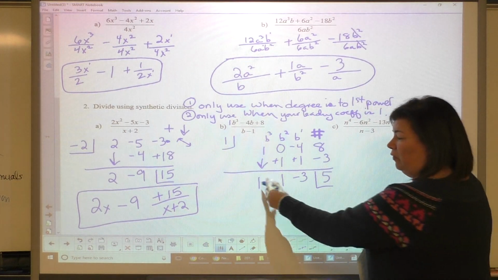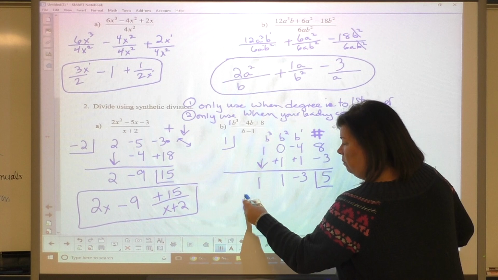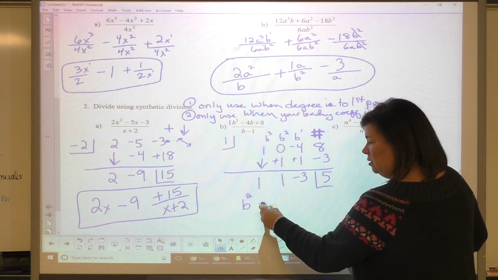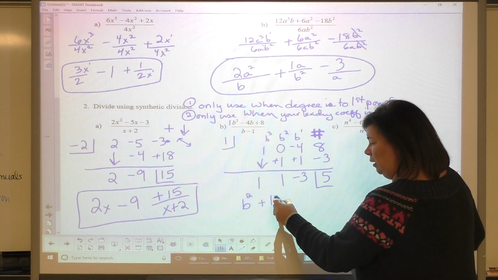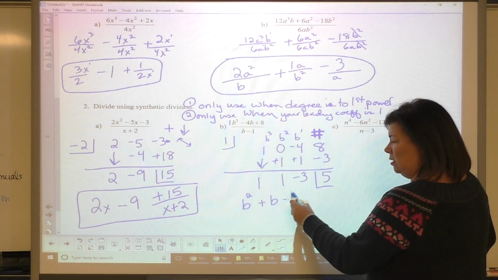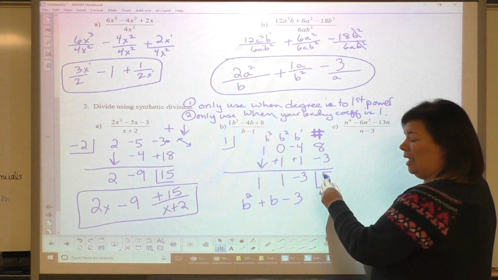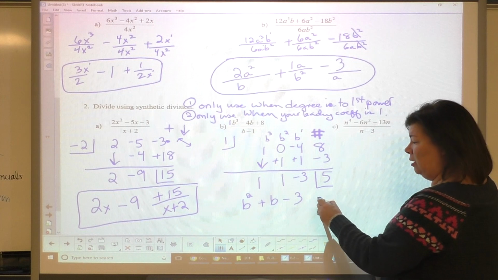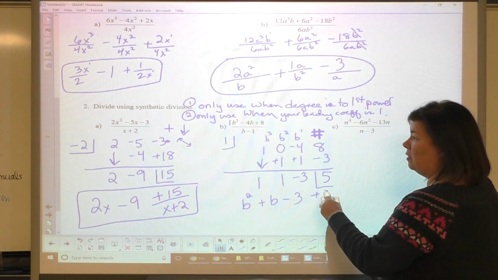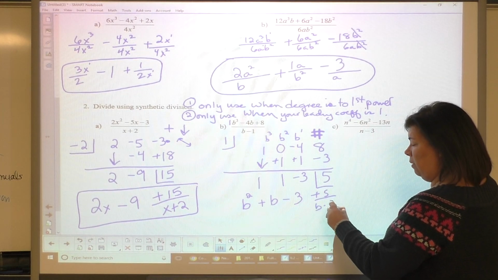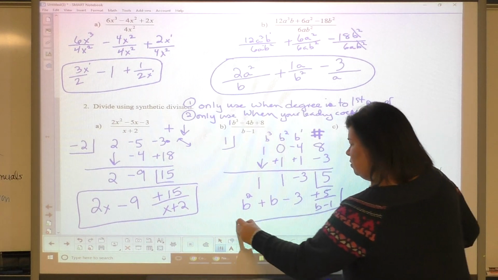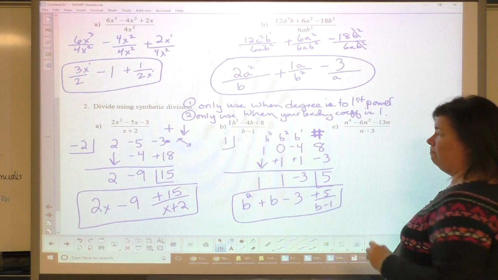In this case, our coefficient is 1 as well, so we get 1b squared plus 1b minus 3. That's our constant. And since this is our remainder, it's going to be plus 5 over b minus 1. So this is our answer.